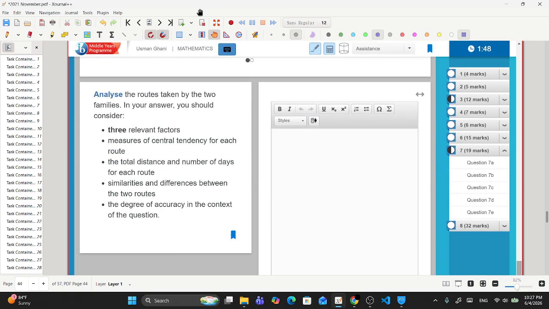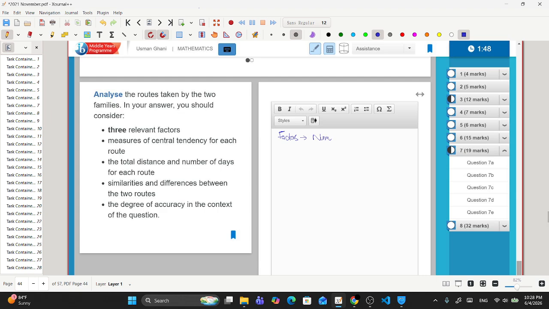Analyze the routes taken by the two families. In your answer, you should consider three relevant factors: central tendency, total distance and the number of days, and the degree of accuracy, similarities and differences between the two routes. The factors are by far the easier part. This might be a 10-mark question.